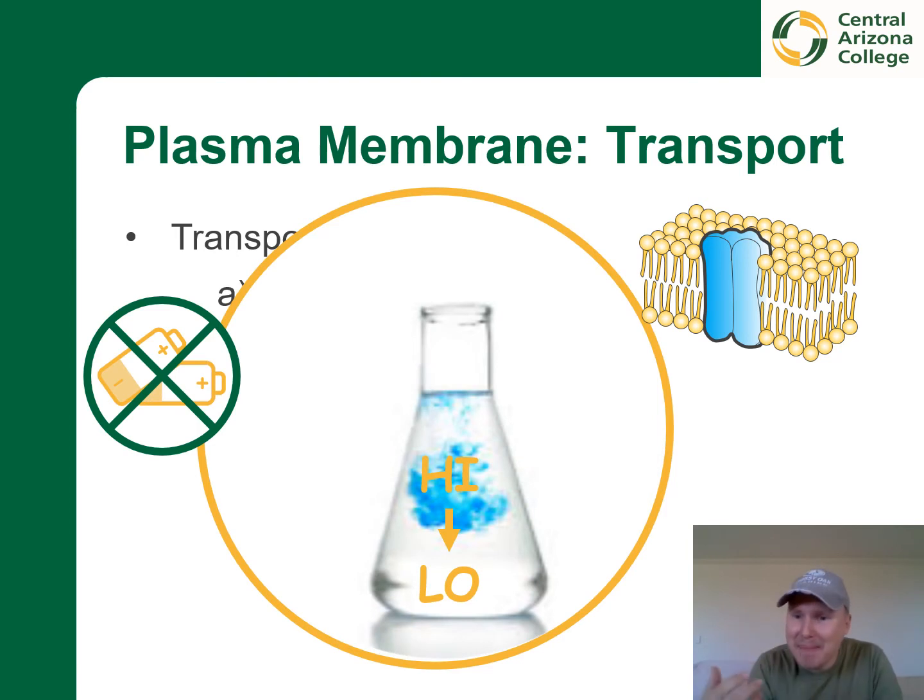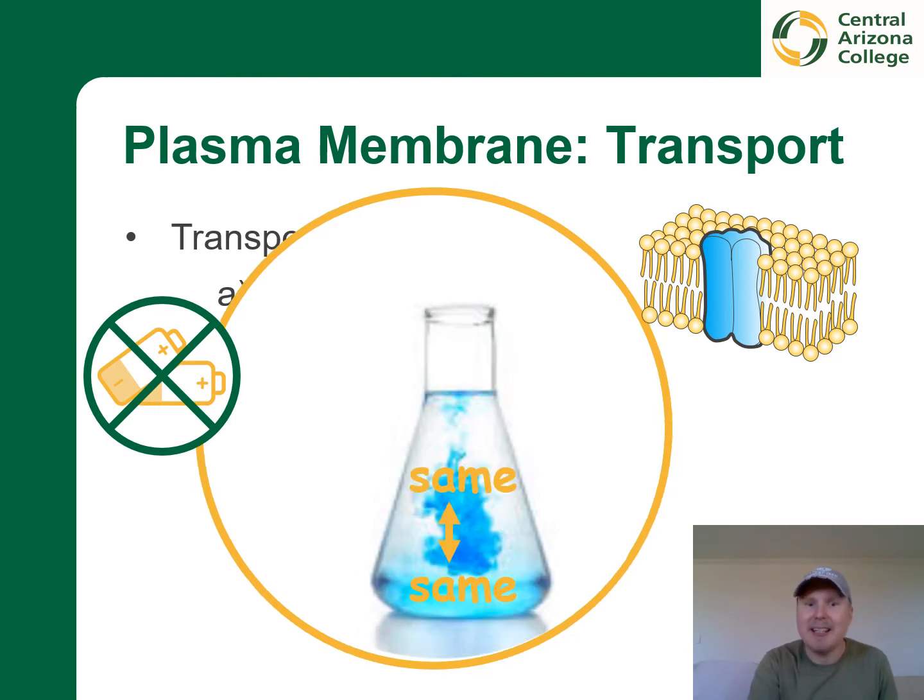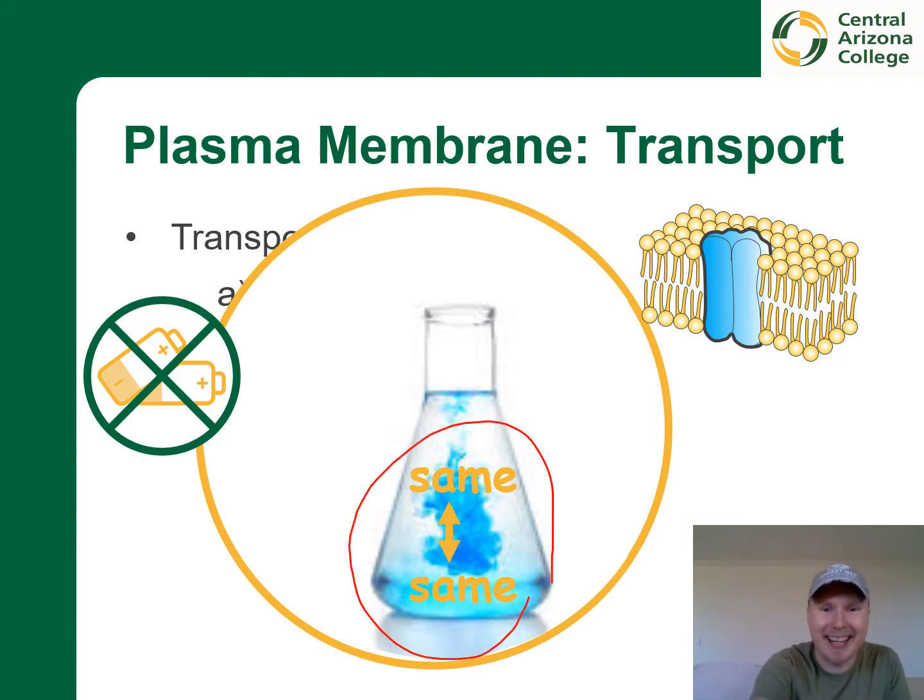And we remember that these concentrations always aim to reach a state of balance, where both sides have an equal amount of material. So an equilibrium, which is the term that some of you might have heard being used. So over time, these concentration gradients even out so that there is the same amount of food coloring in all parts of the bottle, right?